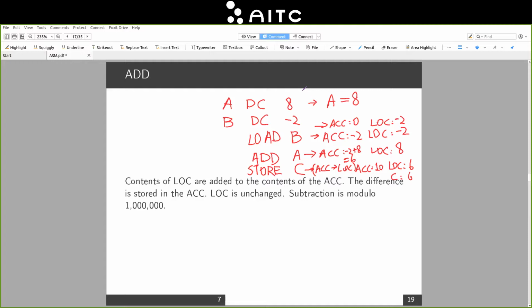And when we load B, the value of ACC will be the value of B.